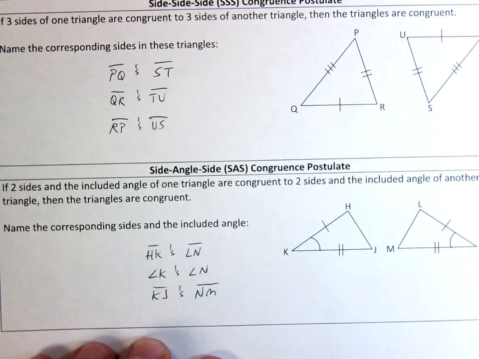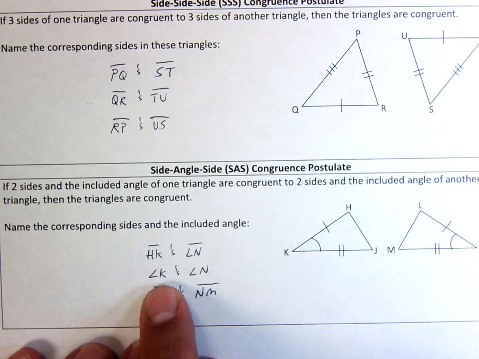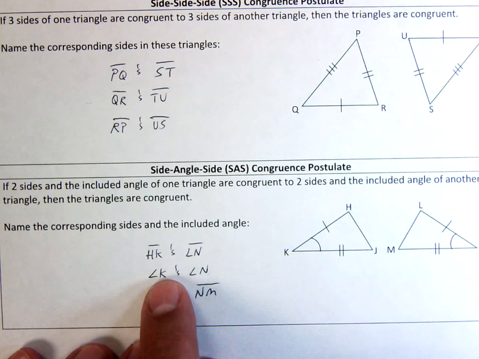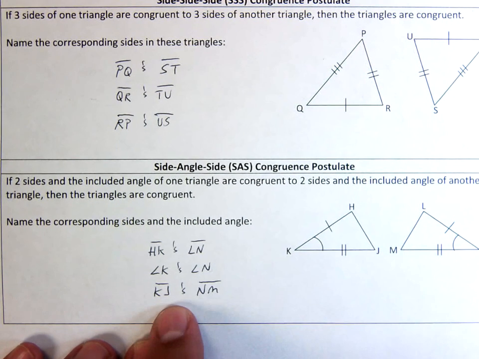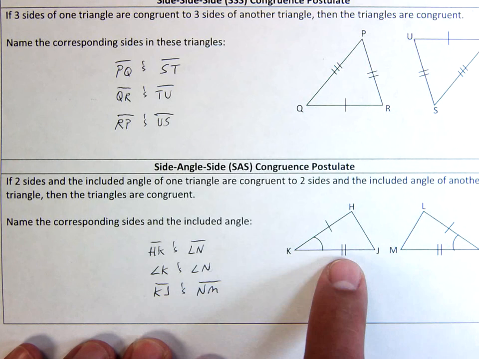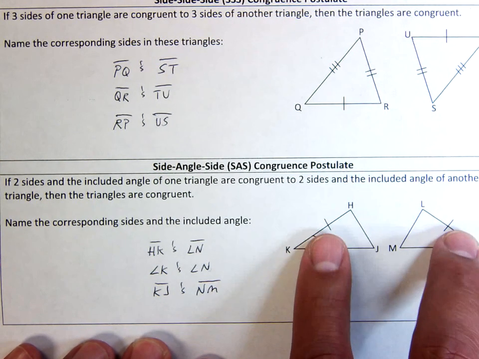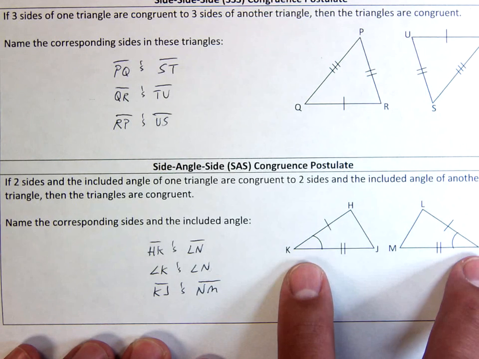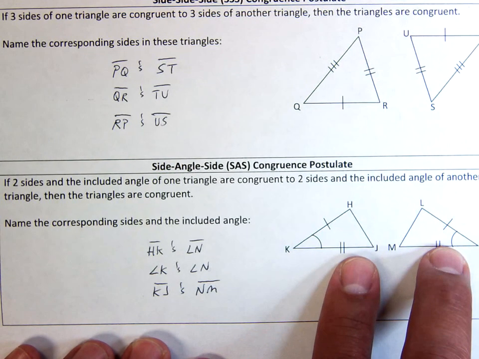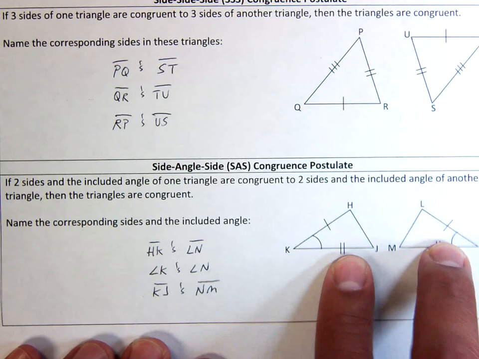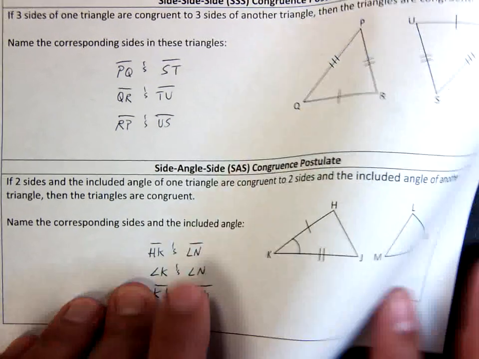So there's my side. The angle K matches up with angle N. These two are congruent. And then KJ matches up with NM. So these two sides match, these two angles match, and these two sides match. So by side-angle-side, I'm able to say these two triangles are congruent.